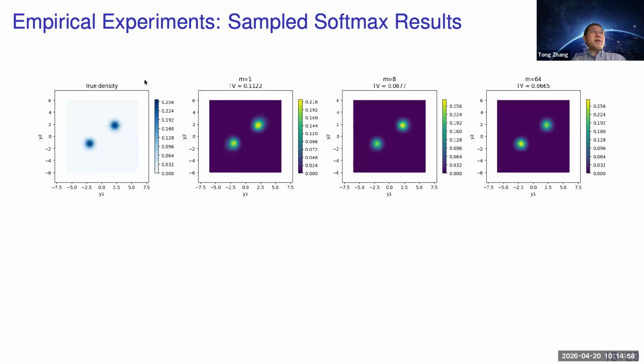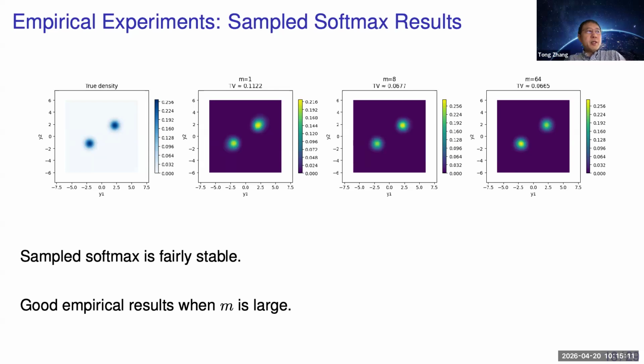So from that perspective, it's not surprising, because very similar methods have been used for the contrastive loss, right? It's very stable, with good empirical results when m is large. So basically, these methods can also be used.